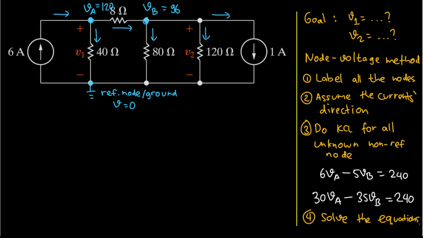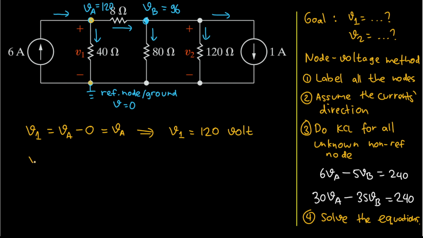So we need to calculate V1, right? What is V1? V1 is the difference between this node and this node here. So V1 is VA minus the reference node, which is 0. That means V1 is equal to VA, and therefore V1 is 120 volts. Good. And then what is V2?